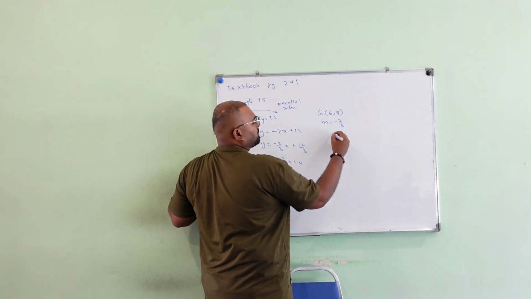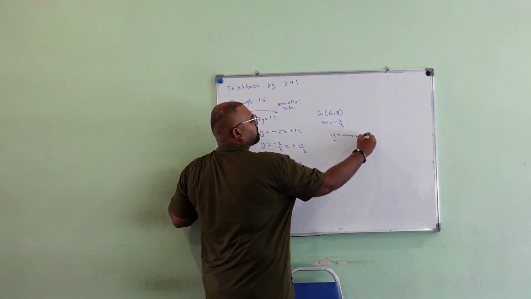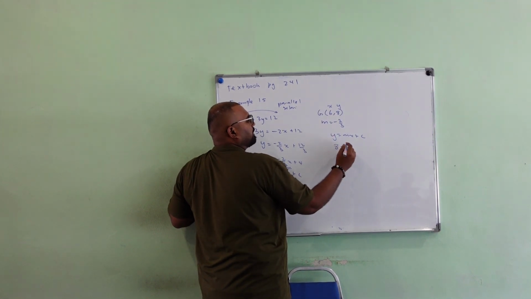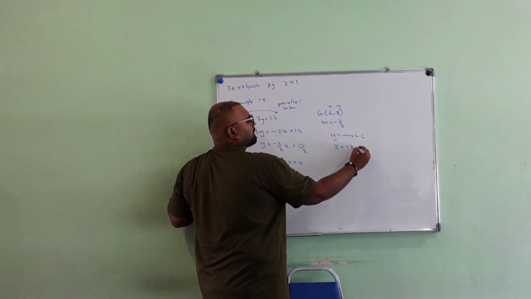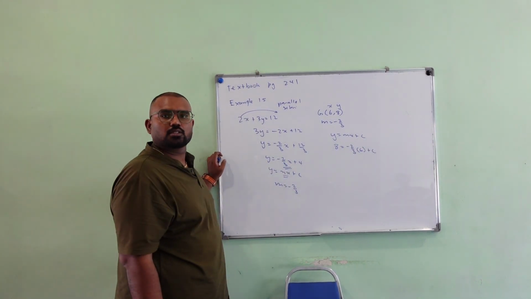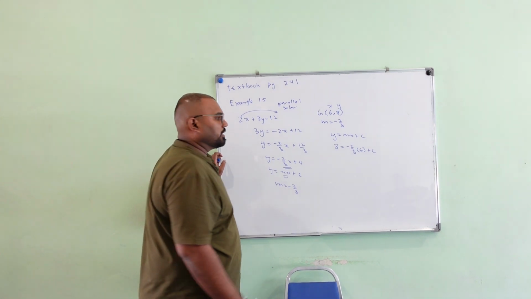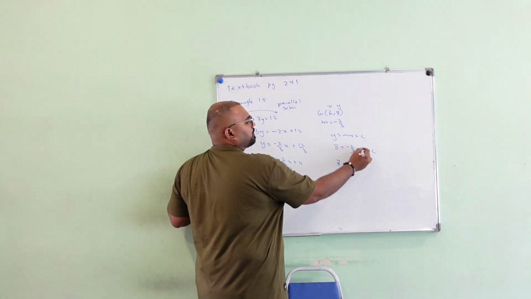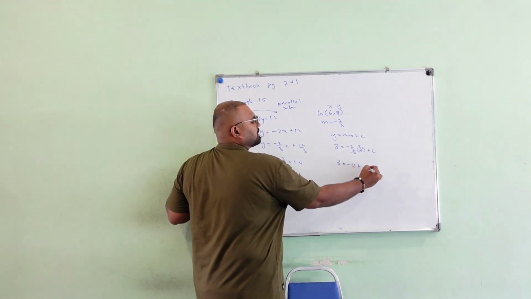So we write again the equation y sama dengan mx plus c. This one x, this one y. Y dia kita bubuh 8 equal m dia negative 2 over 3, x dia 6 plus c. Clear? Any question? Sure? So then we maintain this one as x. This one negative 2 over 3 times 6. When you do, you get negative 4 plus c. Faham?